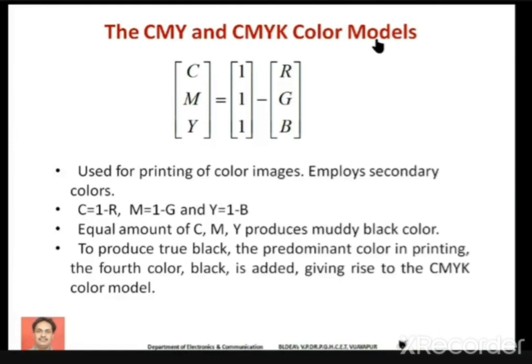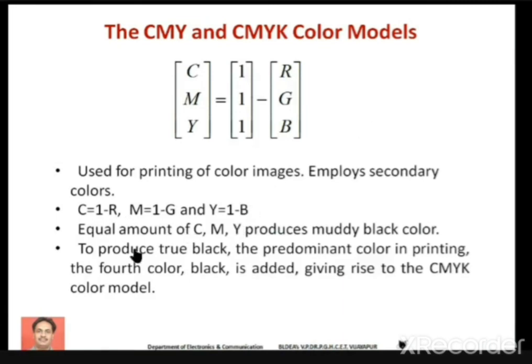So the equation is very simple: CMY on the left hand side, and on the right hand side, 1 minus RGB. The meaning of the equation is C equals 1 minus R, indicating that cyan does not contain red. Magenta, similarly, does not contain green, and yellow does not contain the blue color.